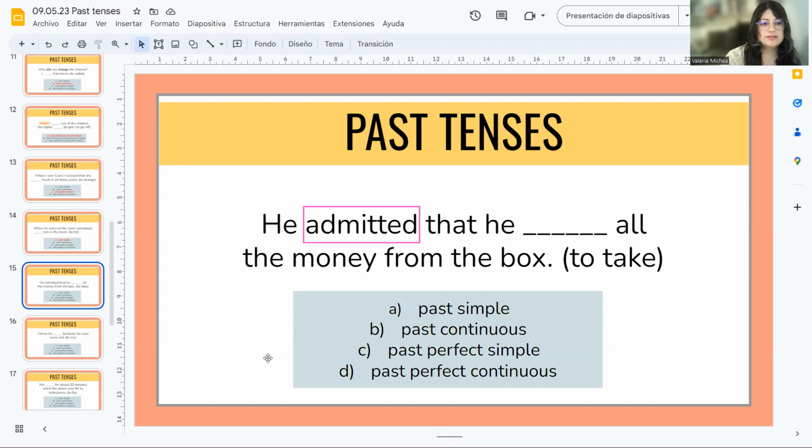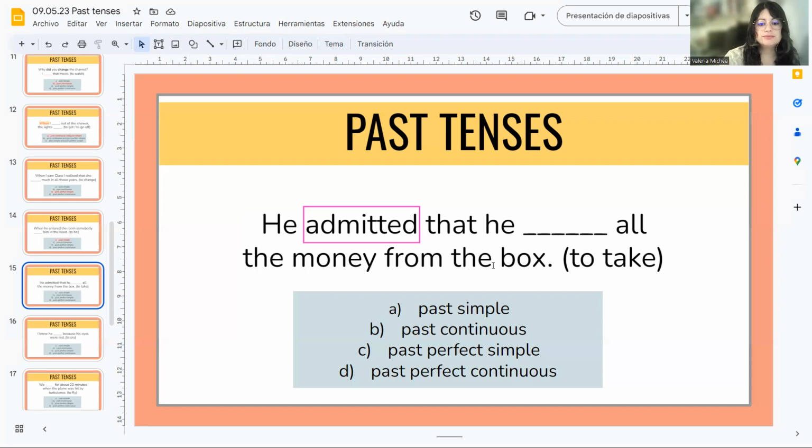Okay, I think this one is a little easier than the previous ones. Okay, let me share the results. Oops. Let me share them again. Yeah, that's what we got, and we've got the past perfect simple as the winner.